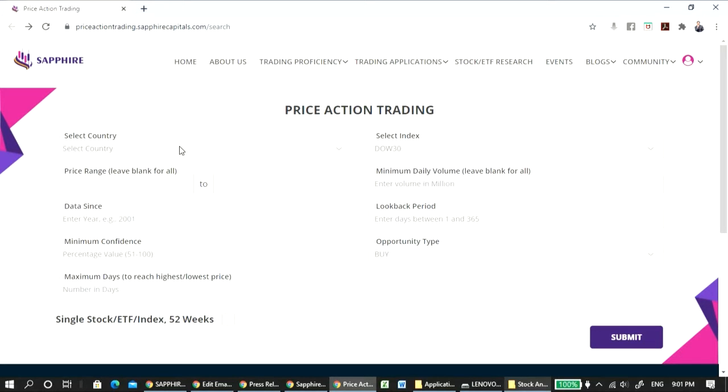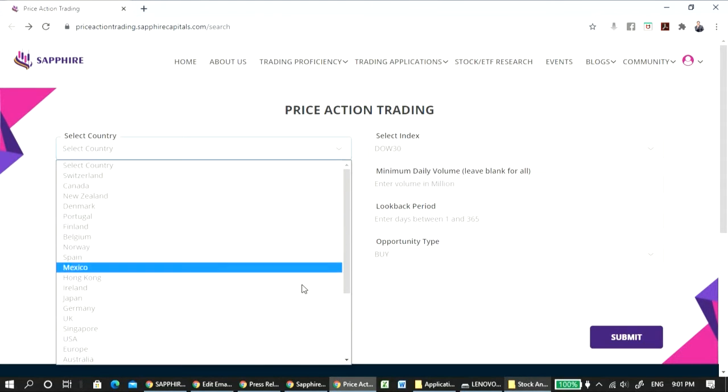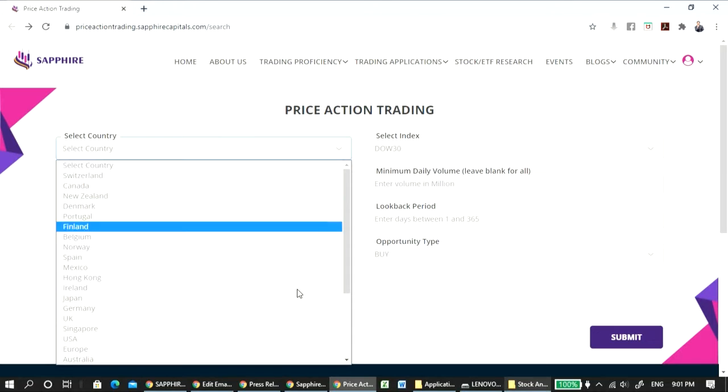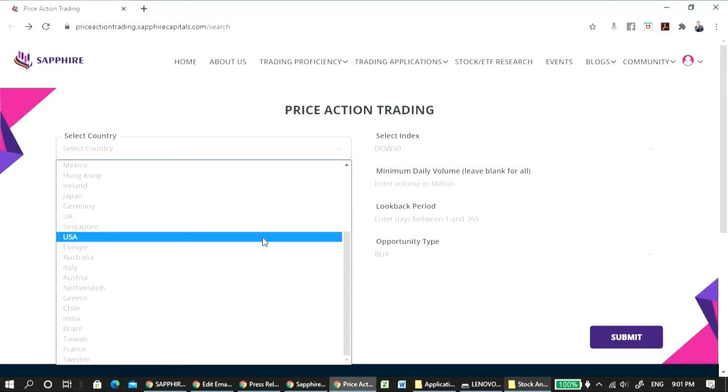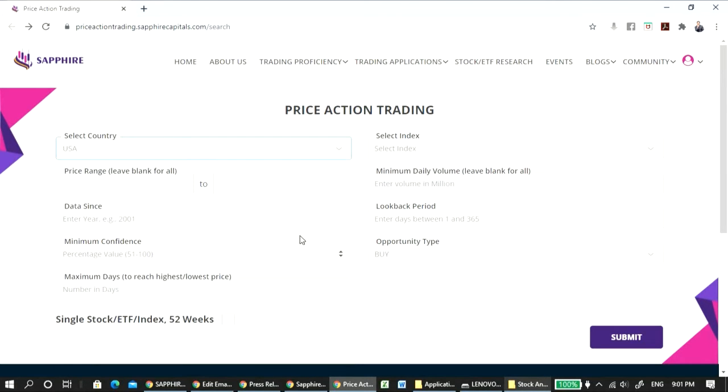First is the select country. Depending on your subscription, the country will be listed here. In this particular example, let's take USA. Once you select the country USA, all the corresponding indexes under this country will be available under this menu.